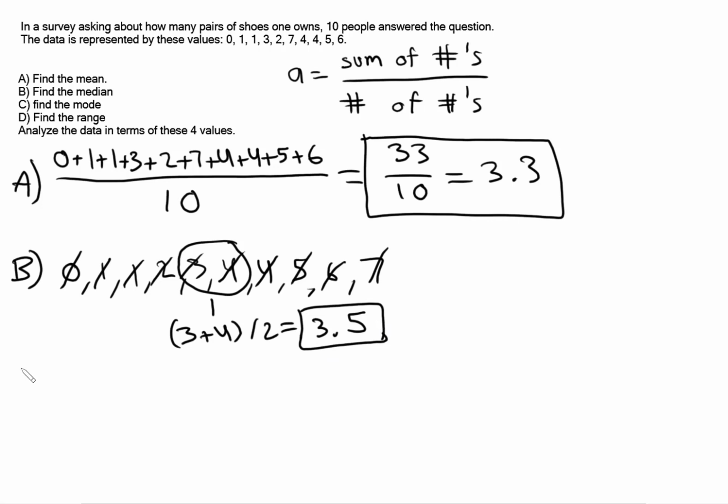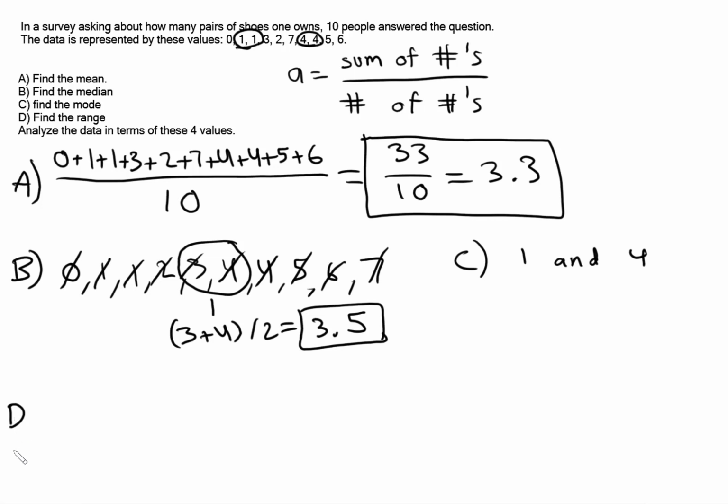Now, find the mode. The mode is just your most repeated number in the data set. In this case, if we look at our data set, we have two 1s and two 4s. So our modes in this case are going to be both 1 and 4 because they are both repeated twice. Okay, find the range. This is the last part of the question.